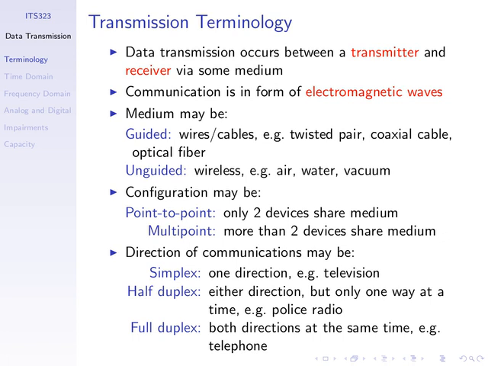The medium, the thing in between the transmitter and receiver, we can characterize as either guided or unguided. The signals in a guided medium are controlled as to where they propagate. They are guided along some media, for example, inside some wire or inside some cable.